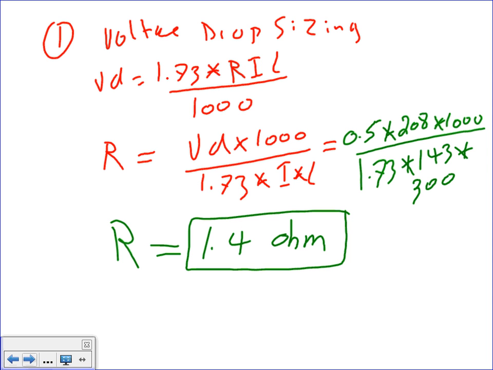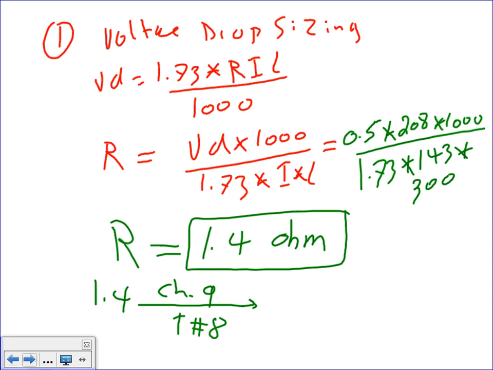I need a conductor with 1.4 ohm or less, not more. Did you come up with something different? No, that's right. 1.4 or less. So where do you go to find the conductor, guys? So 1.4, take it all the way to chapter 9, table number 8. What do you guys get? I need 1.4 or less.